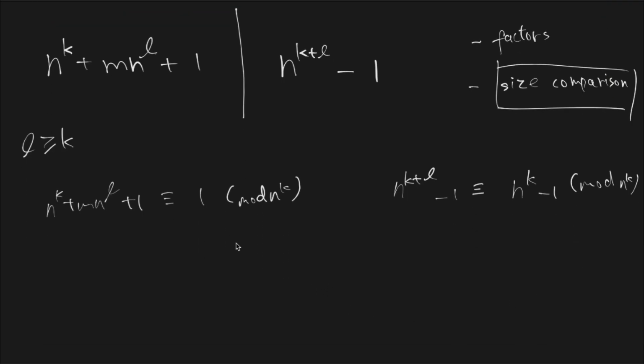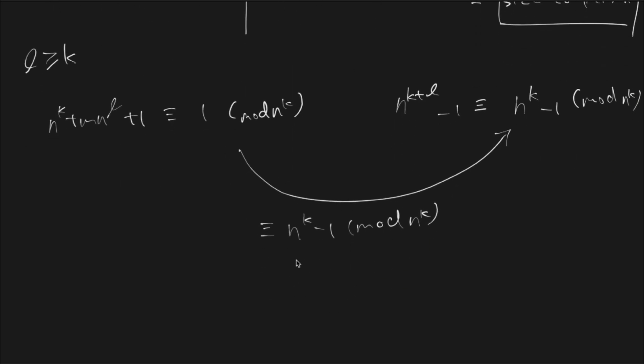So like we talked about, the quotient needs to be congruent to n to the k minus 1 mod n to the k, which means that, since this is a bijective condition, it must be able to be written as s times n to the k minus 1 for some positive integer s.